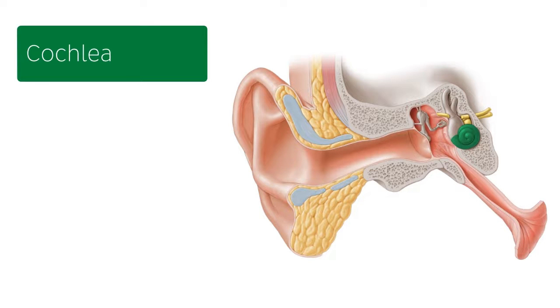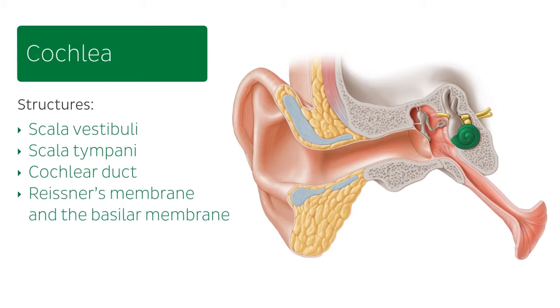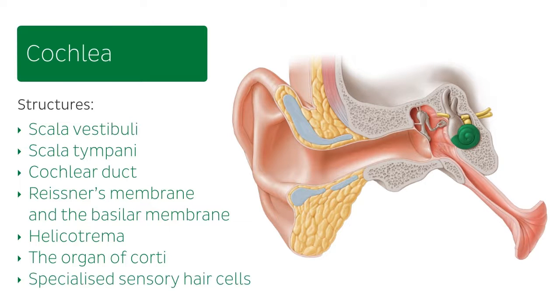It is comprised of specialized structures, including the scala vestibuli, the scala tympani, the cochlear duct, the membranes that separate the two scala and the cochlear duct from each other, Reissner's membrane and the basilar membrane, helicotrema, the organ of Corti, and specialized sensory hair cells of the organ of Corti. In the next slides, we're going to explore these structures.